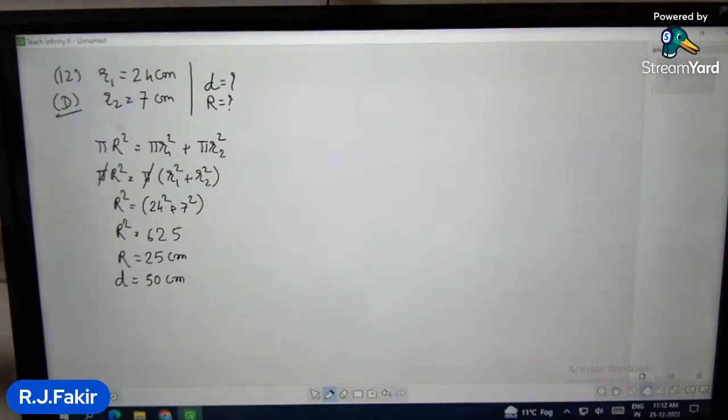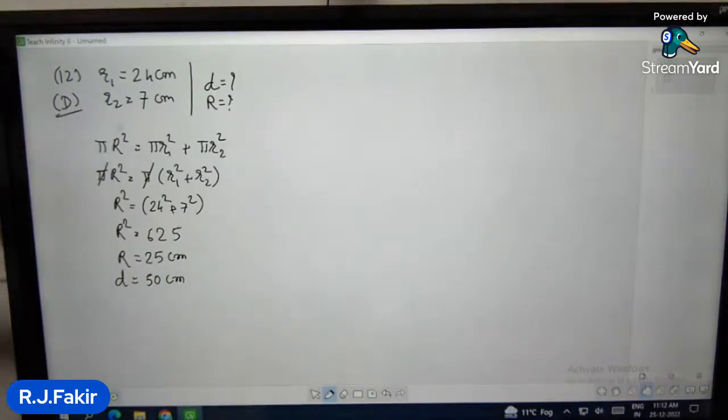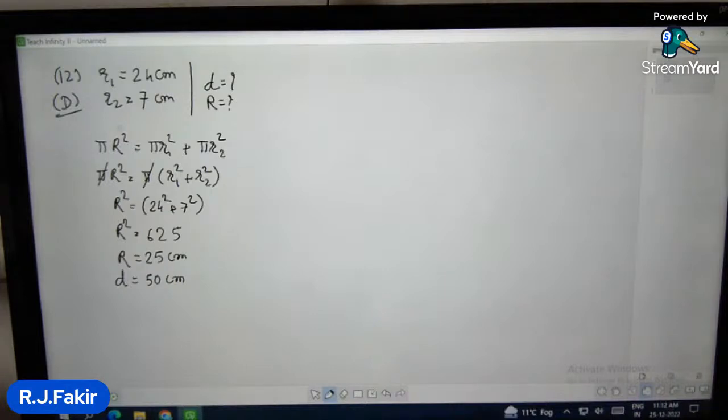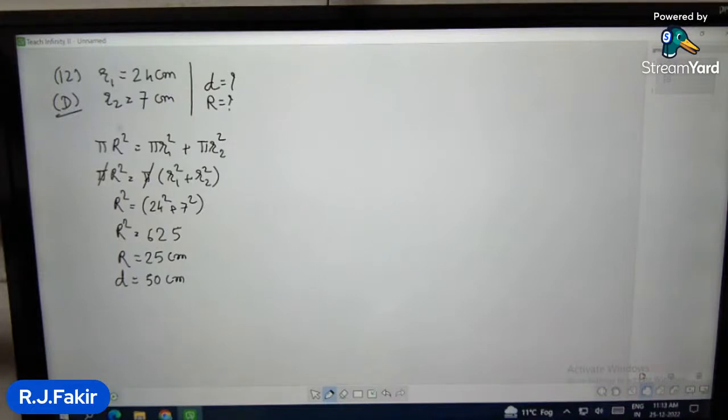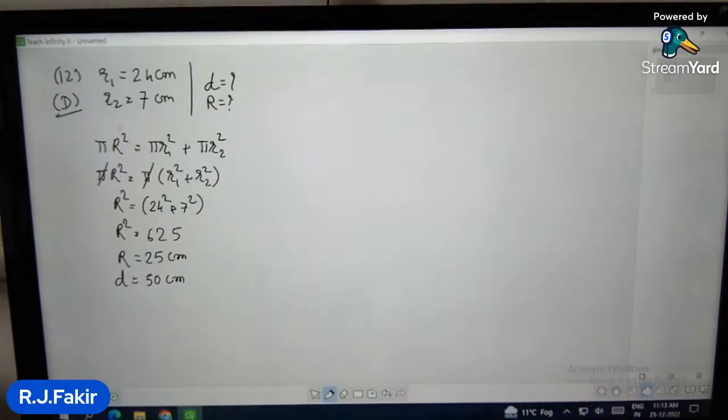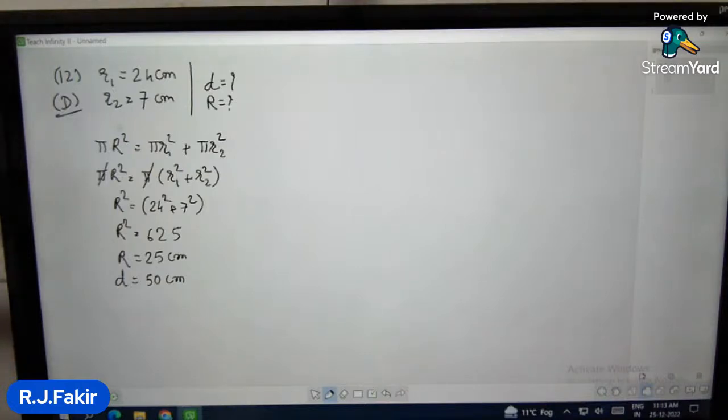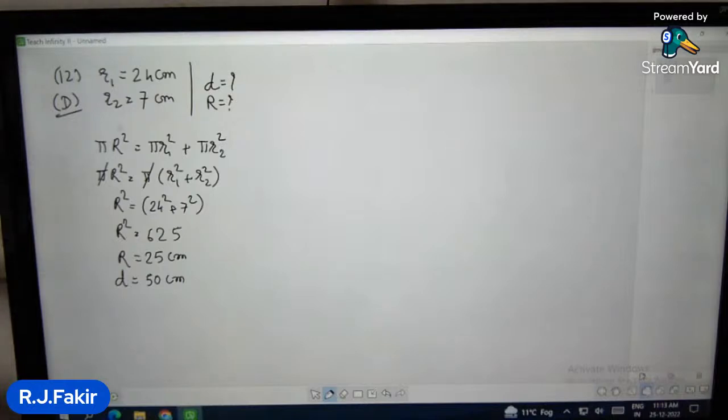Now question number 13. If two solid hemispheres of the same base radius r are joined together along their bases, then the curved surface area of the resulting solid. I think this is a somewhat tricky question.